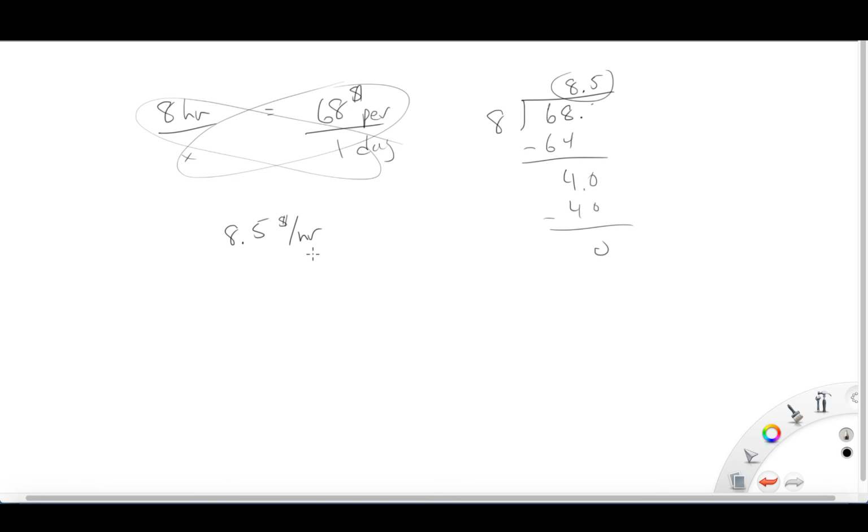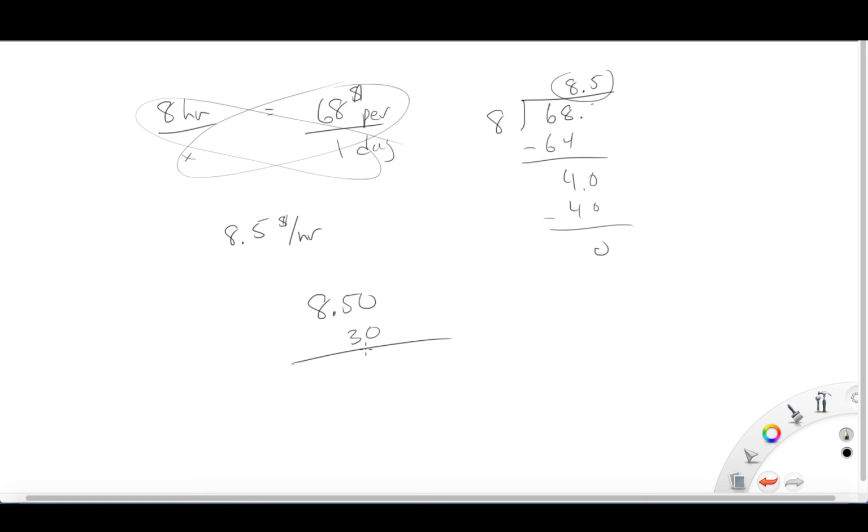Okay, $8.50 an hour. Not bad. Now, B says, use her hourly rate of pay to find out how much she's going to earn for 30 hours. Well, if she makes $8.50 per hour, we can multiply by 30 and come up with our answer.